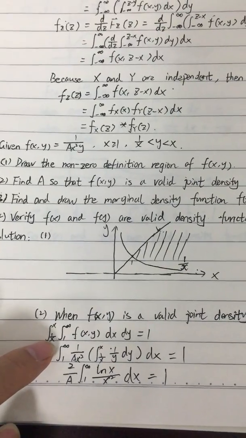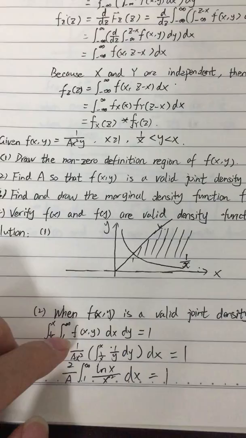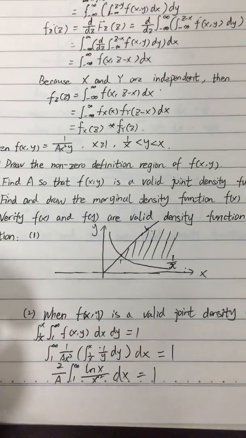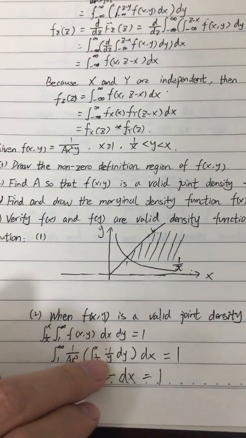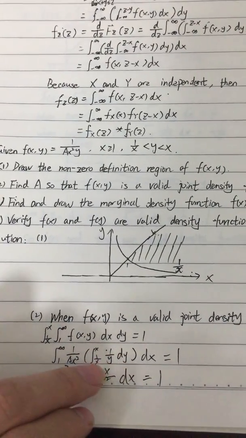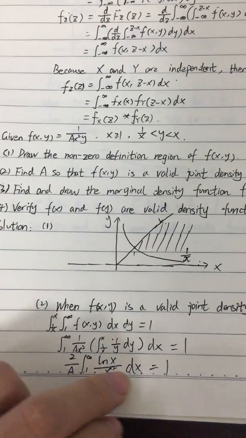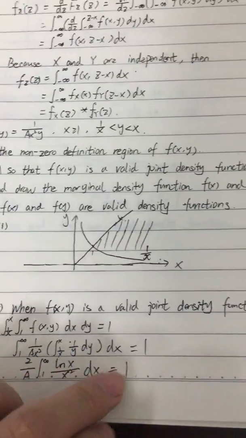And to solve this equation, we can do the integration part by part. First we do the y part of this integration like this, and we get this one. So this is the x part of the integration.